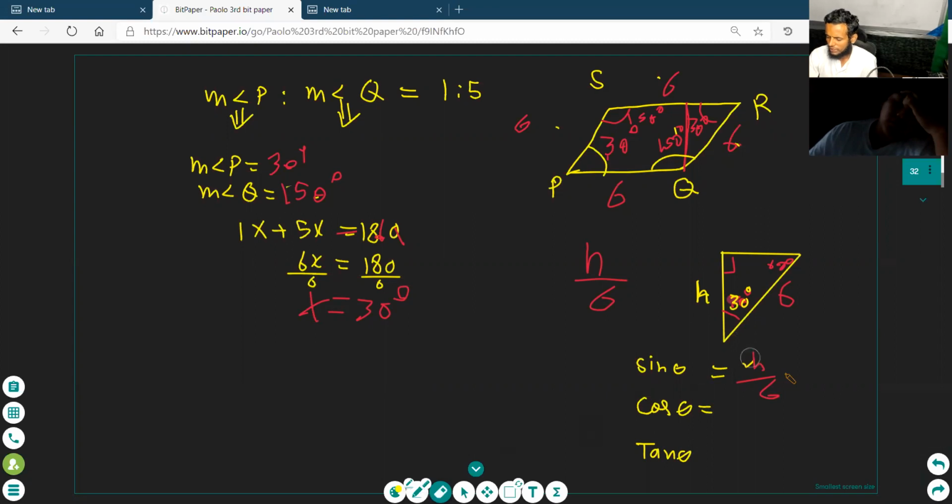You are writing the wrong formula. Okay, so I have to find this. This is the adjacent, and this is the hypotenuse, and this is the opposite. So sine theta is H over 6.